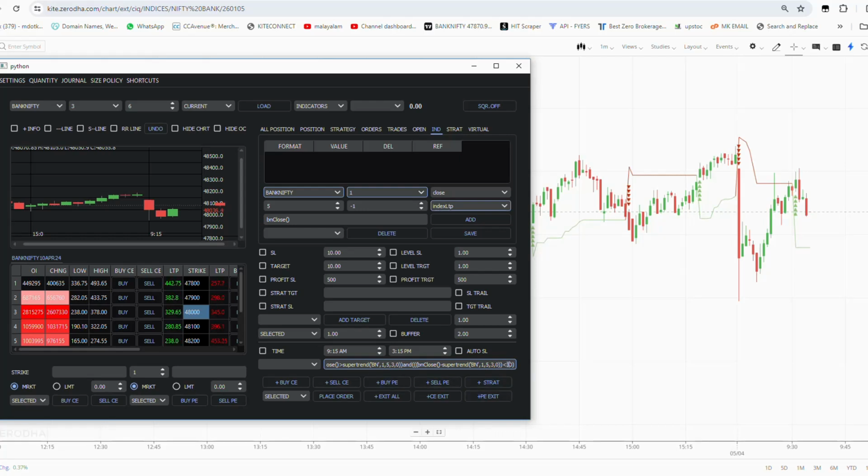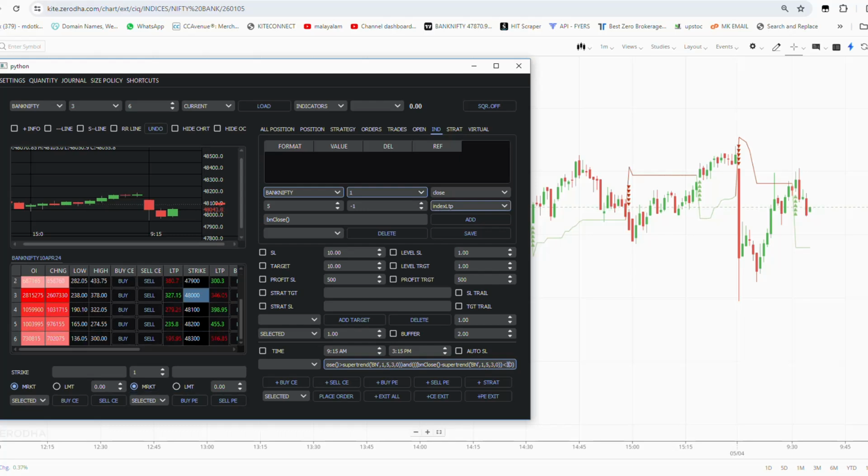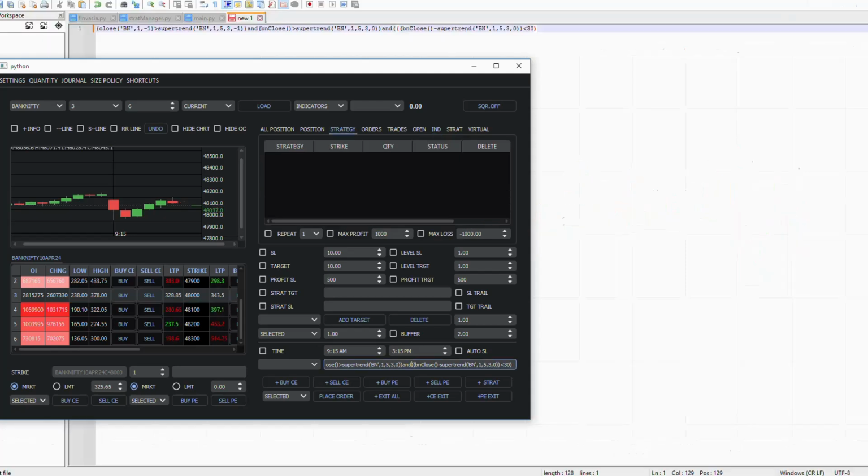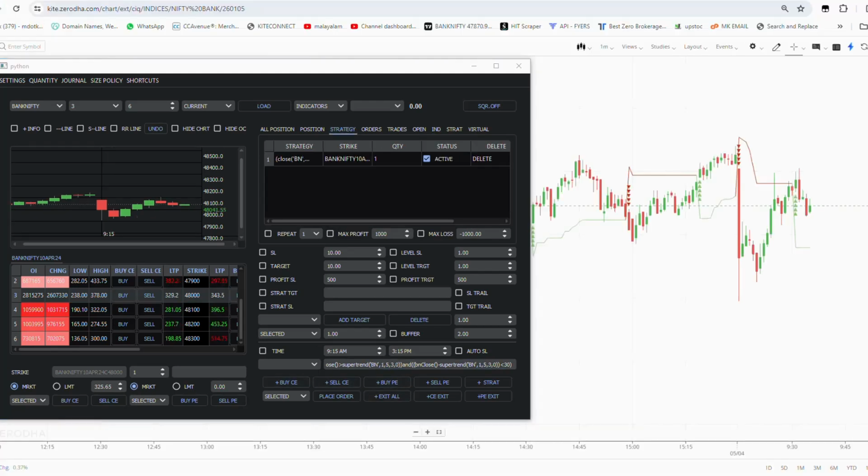I have just added our indicator, and I am going to select the at the money CE, 48,000 CE. I have selected 48,000 CE, and I want to buy CE. So add buy CE. The strategy is added. Let's see how it works.